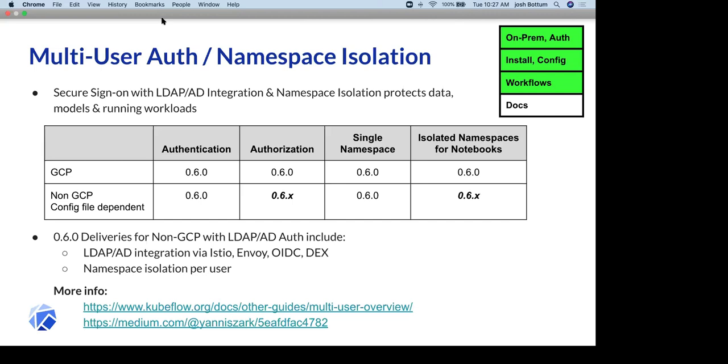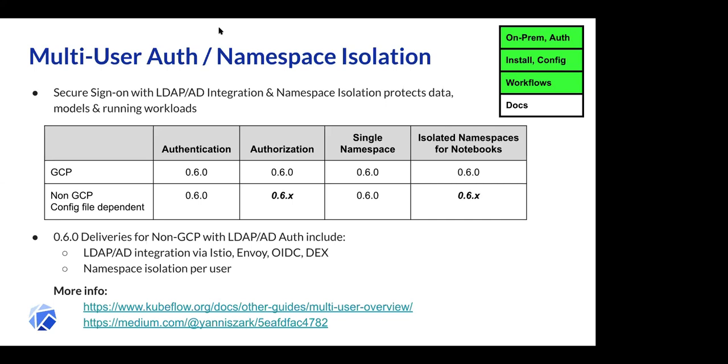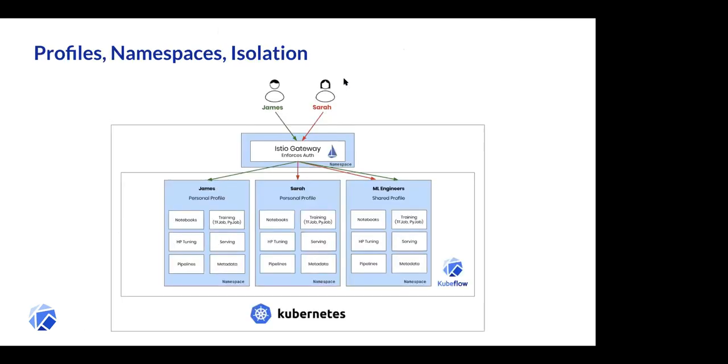All right. So next slide. In the next slide, we see an architecture overview of our vision for the Kubeflow multi-tenancy. The main units of isolation are profiles. A profile is a wrapper around a namespace and permission object.